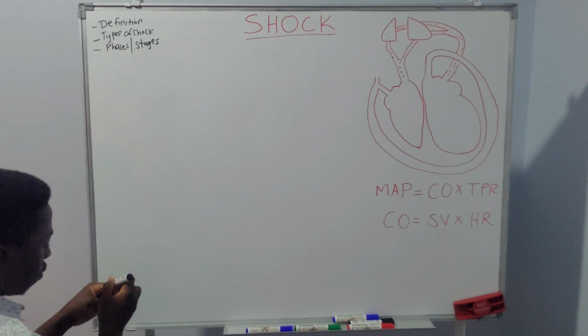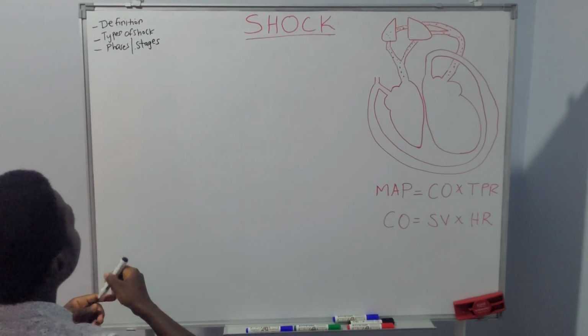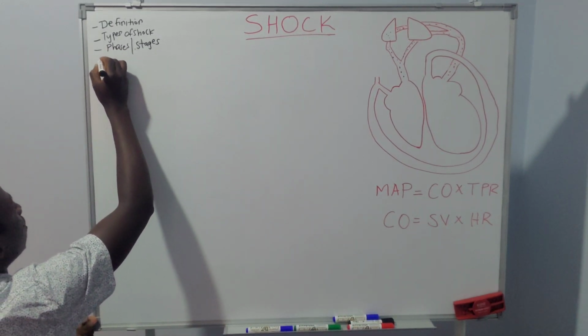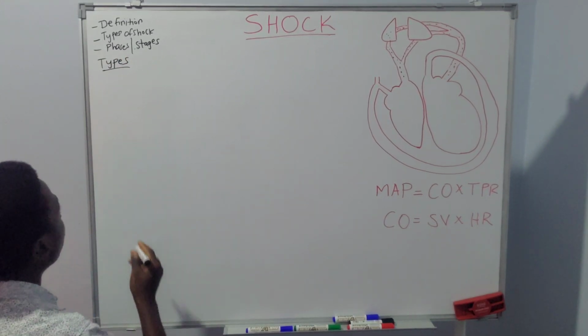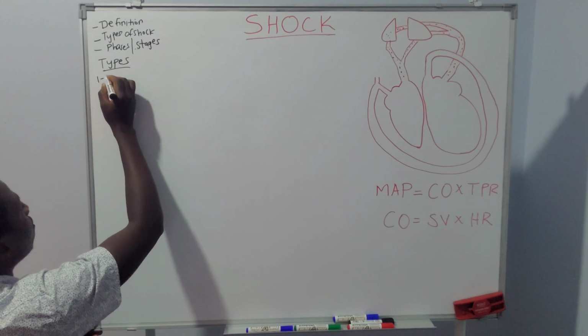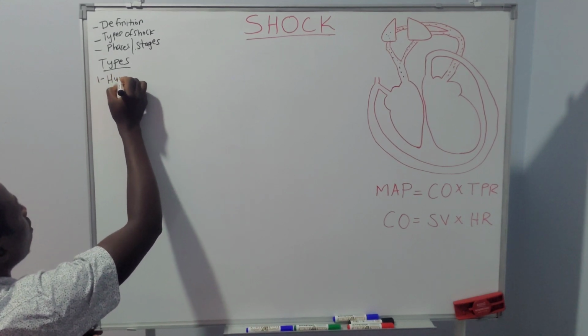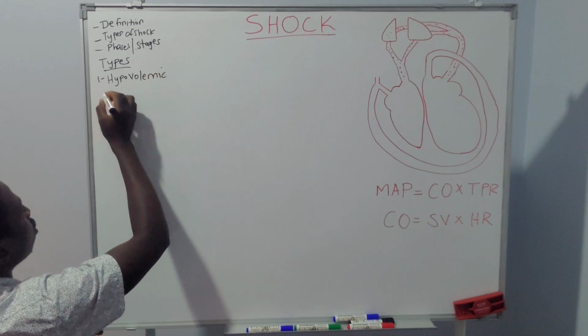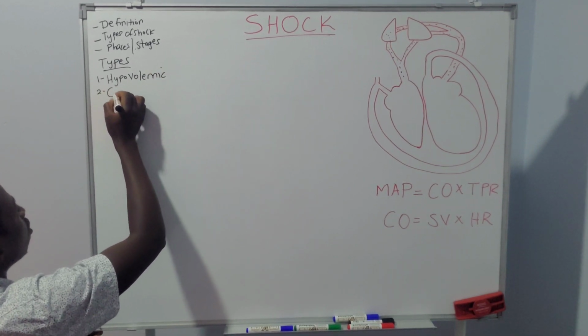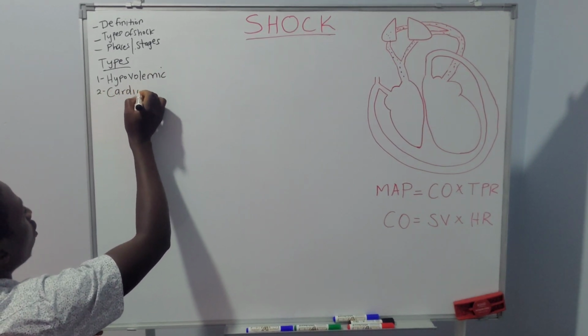As I've already defined, for the different types of shock, we basically have 4 types. One, we have what we call hypovolemic shock. 2, we have what we call cardiogenic shock.